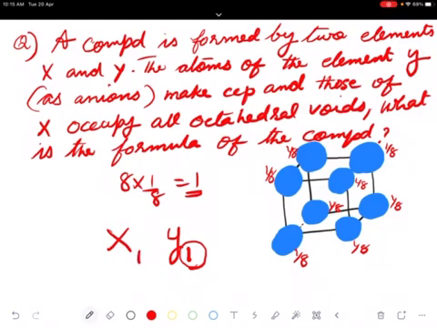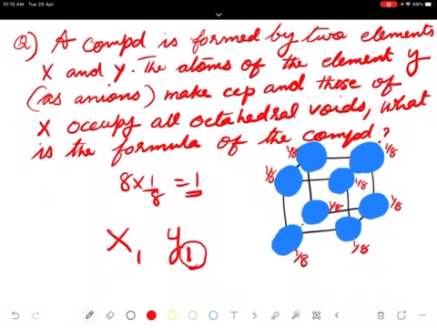The atoms of element Y make CCP and those of X occupy all the octahedral voids. Here I have taken one unit cell. You can take the entire crystal also.